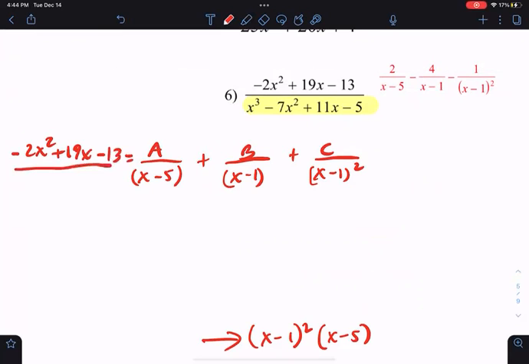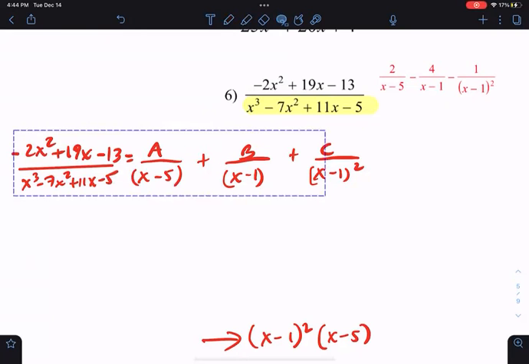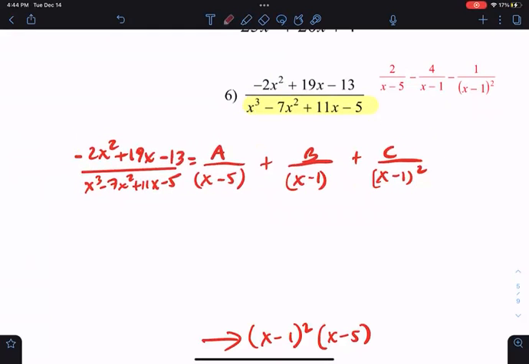Over all these things, x cubed minus 7x squared plus 11x minus 5, and you need just to move these things here. So this is going to be multiplying by x minus 1 to the second, x minus 5, both sides, right?